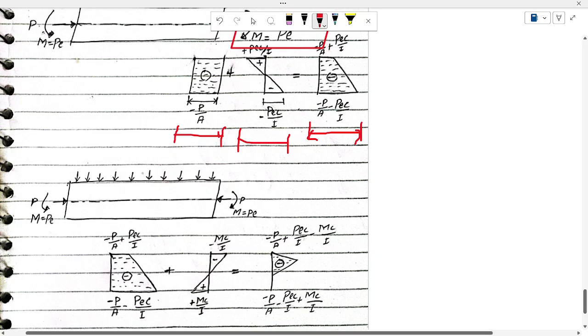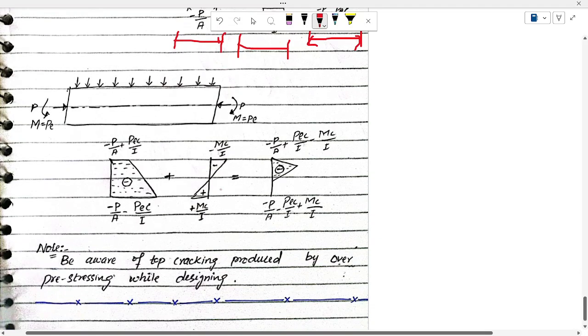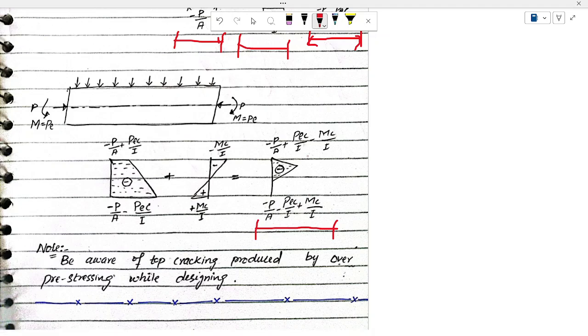When there is external loading, the final equation we get is this: we just add and subtract Mc by I, because Mc by I gives compressive stresses at the top and tensile stresses at the bottom due to external loading.